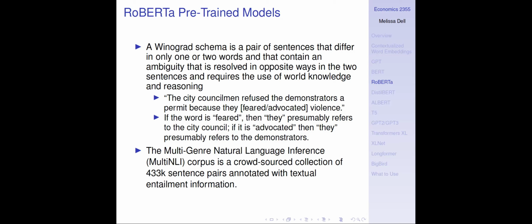This is a task where you have a premise and a hypothesis, and you have to label it as a contradiction, an entailment, or neutral. Again, it's not clear that fine-tuning on this helps for whatever you want to do, but that's what that means. Are there any questions about RoBERTa?